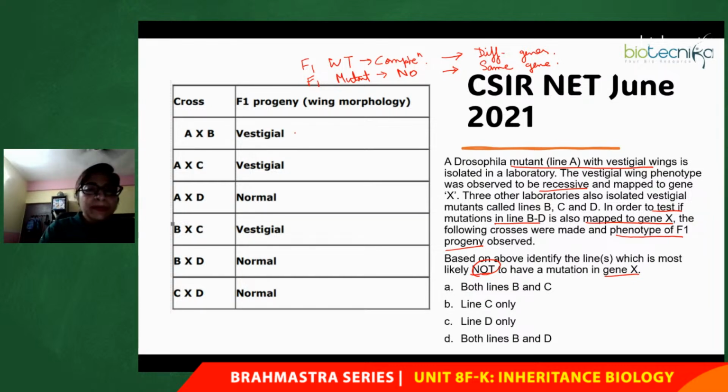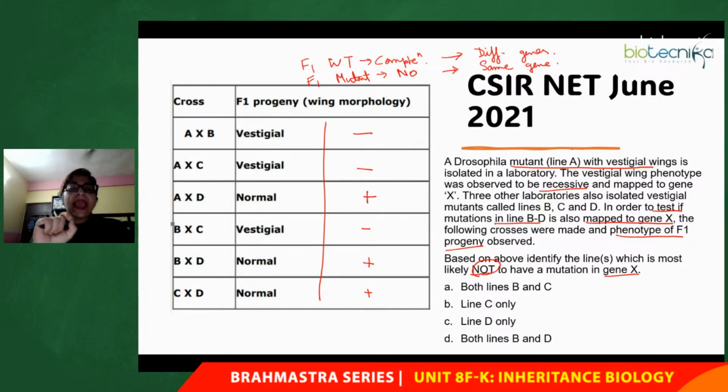So AB vestigial, in terms of complementation, means no complementation. AC vestigial, no complementation. AD normal means there is complementation. BC again vestigial, no complementation. BD complementation, CD complementation. Now if you have to put the genes together, A, B, and C are not complementing each other, which means they belong to the same gene.